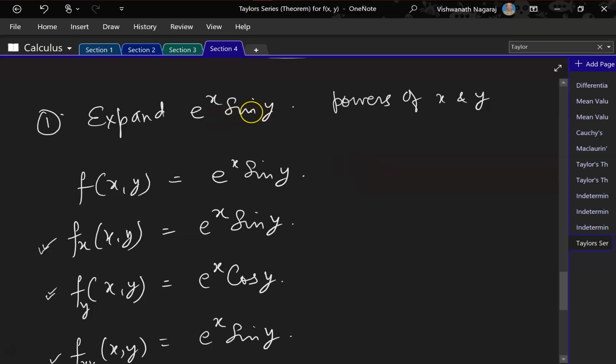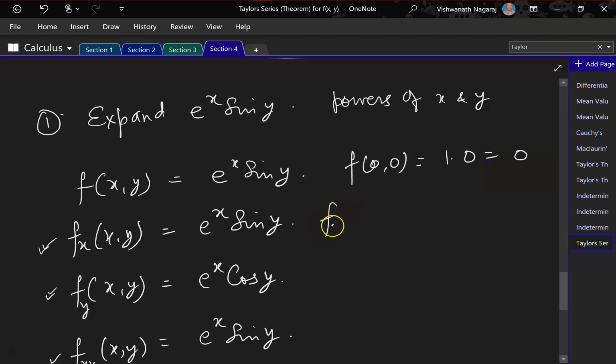Now since we have not been told at which point, we assume it is 0 comma 0. So f of 0 comma 0 would be e to the power of 0 is 1, sine 0 is 0. So 1 times 0 equal to 0.